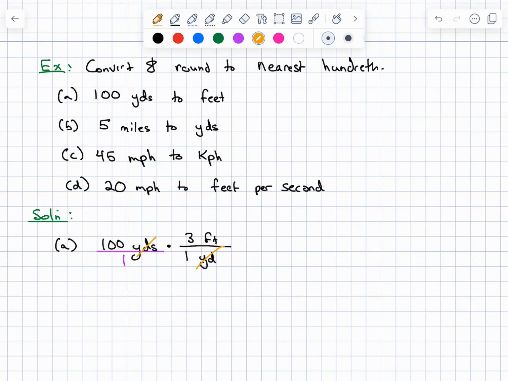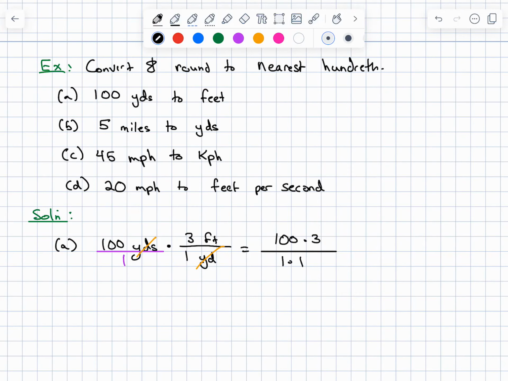So one thing to know about fractions is that when you're multiplying fractions together, you multiply the numerators together and multiply the denominators together. So this becomes 100 times 3 divided by 1 times 1.